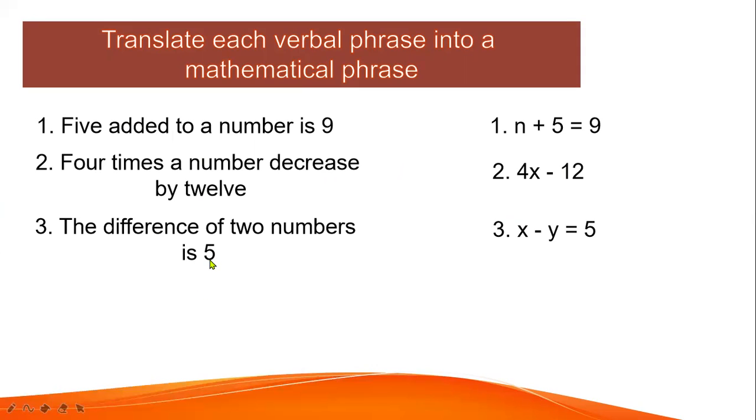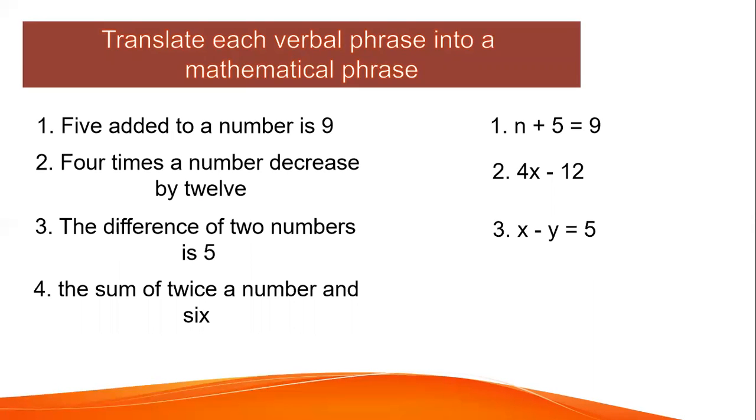So when we say is, it means equal. Number 4, the sum of twice a number and 6. And therefore, the answer is 2n plus 6. When you say sum, it means addition. Twice a number, using a variable n, and 6, so 2n plus 6.